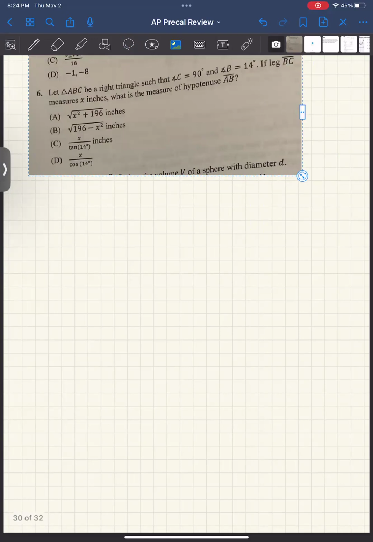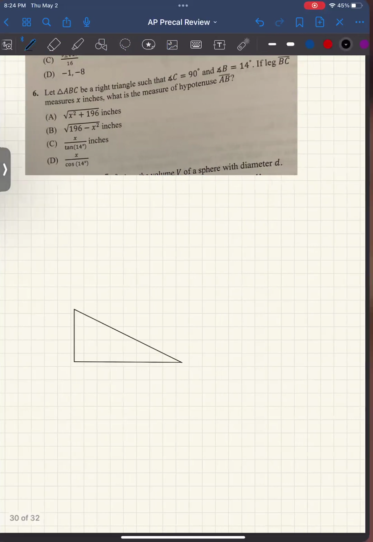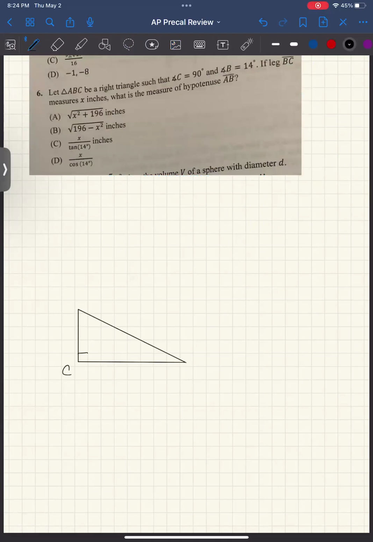So it tells me the triangle is, I'm just going to make a regular looking triangle. Now they tell me that C is the 90-degree angle, right?